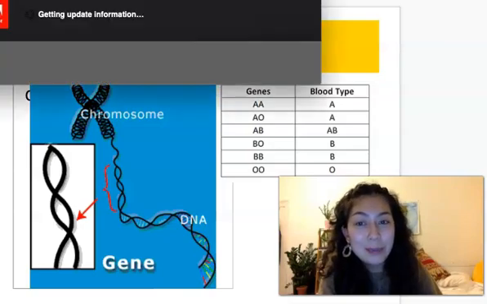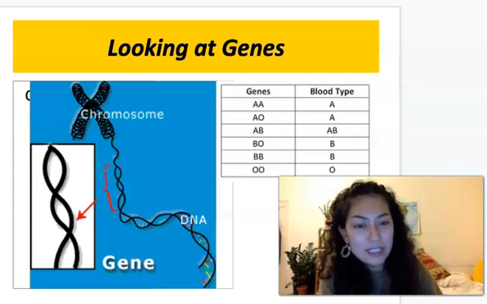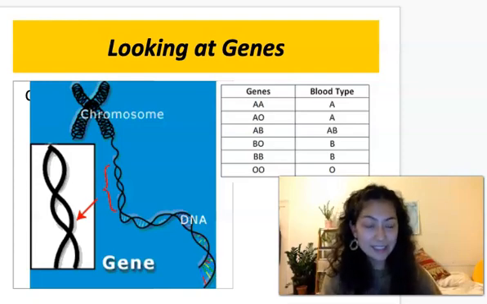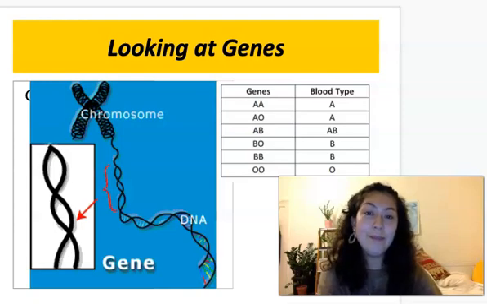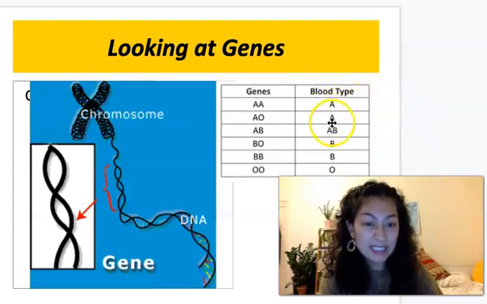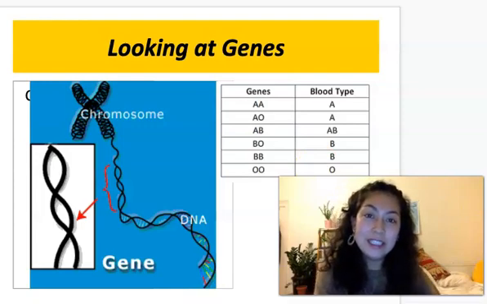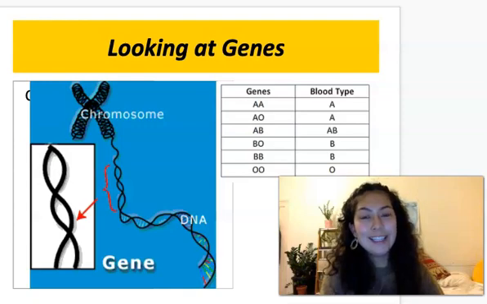A couple of other important points is that genes are often named after the function that they carry out. So the gene that codes for blood type is known as the ABO gene, because our blood type can be A, AB, B, or O. Most human genes are found in the nucleus of a cell.